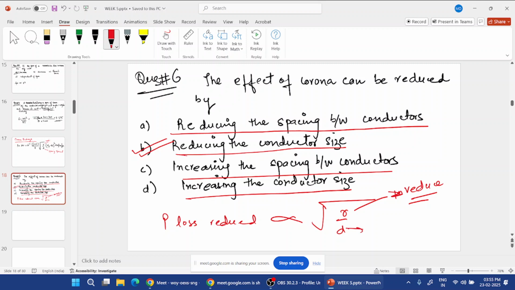D is the spacing. इसको अगर हम increase कर दें, if we increase the spacing, then it will also decrease the corona losses.